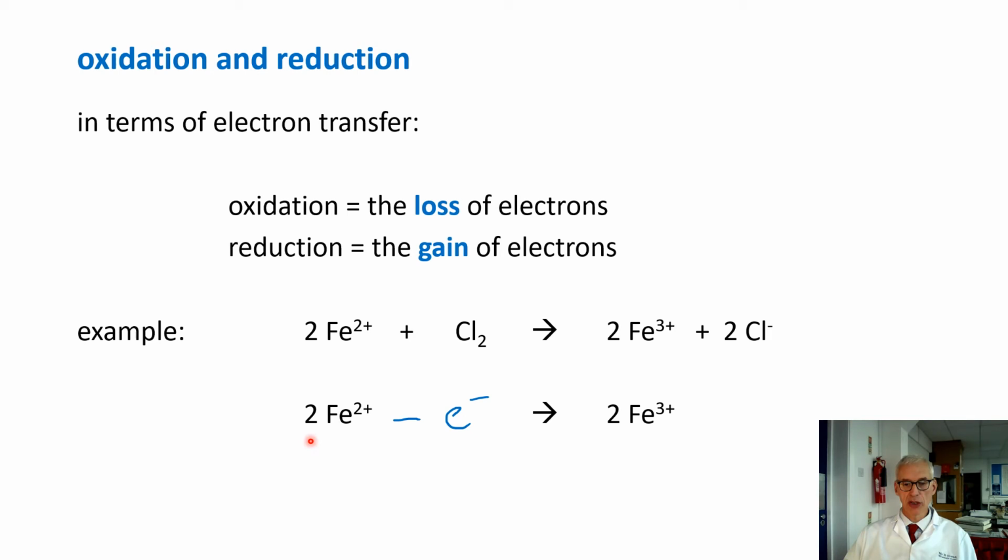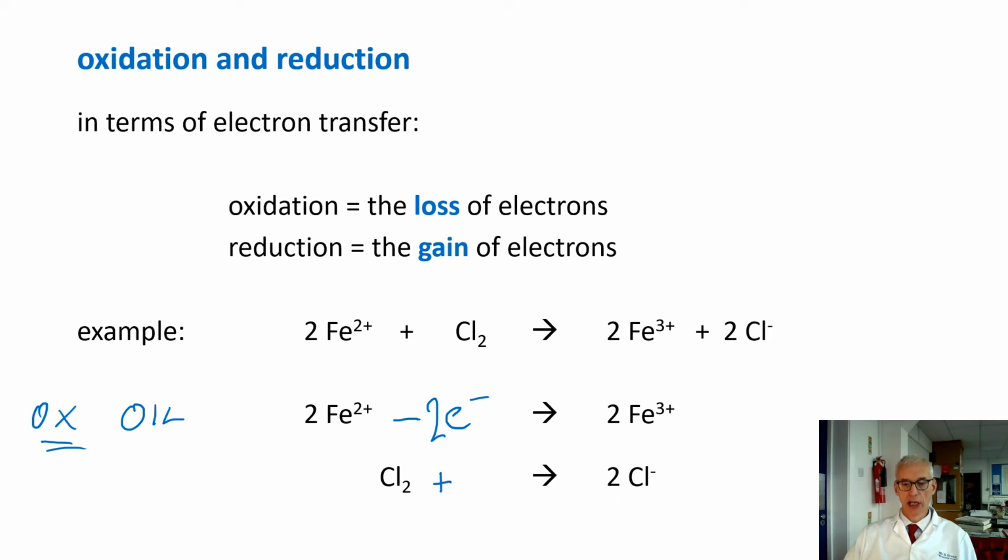But there are 2 Fe2+ ions forming 2 Fe3+ ions. So we just need to balance that in that way. So that would be loss of electrons, so that's oxidation. If we now look at what happens to the chlorine, well, the chlorine starts off as neutral atoms within a molecule and becomes 2 negatively charged chloride ions.